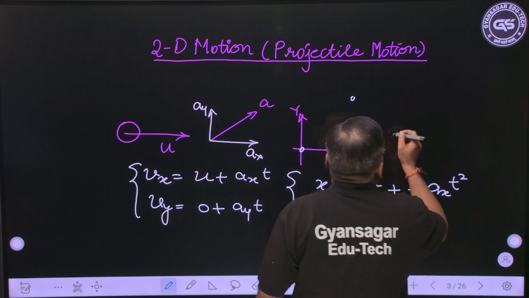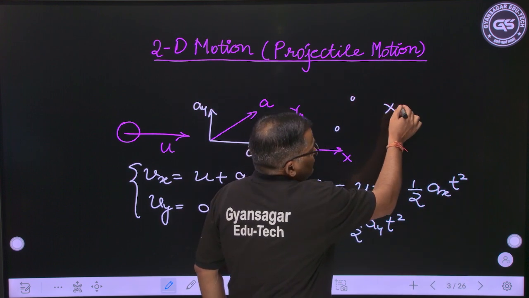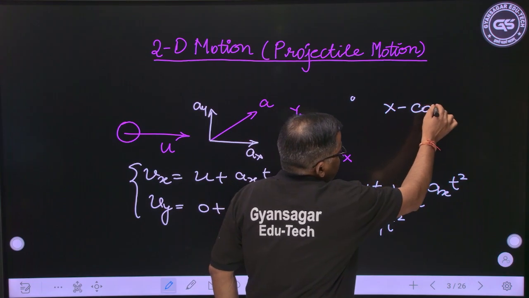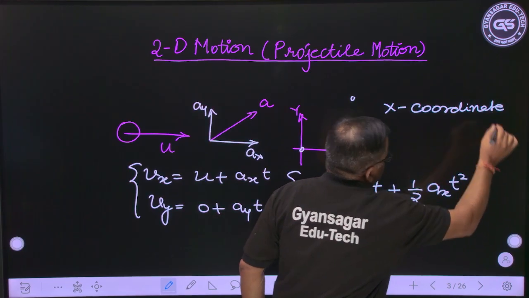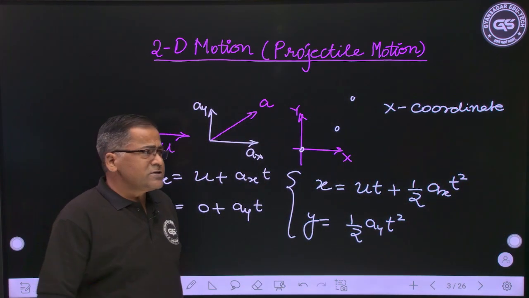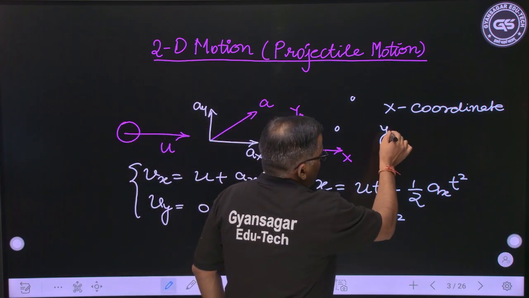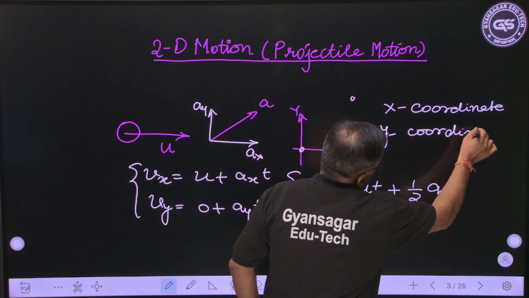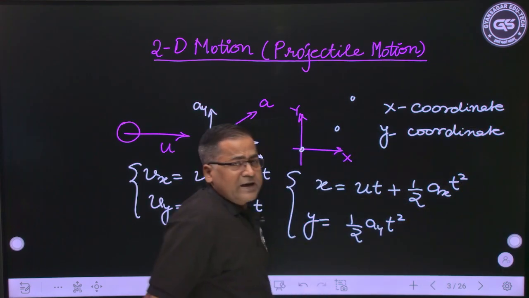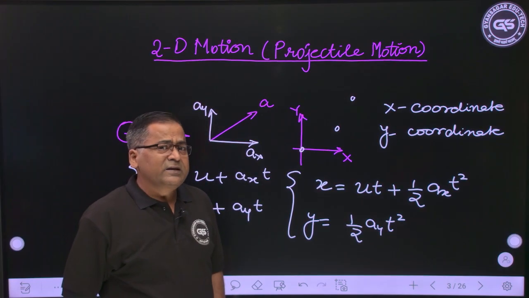If x coordinate only changes, or y coordinate only changes, then it is not a plane motion, it is a linear motion then.